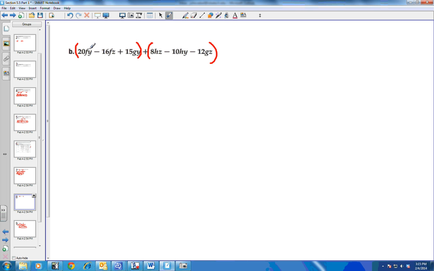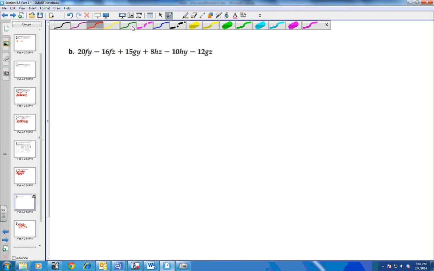I can't factor out a number, and they each don't have a variable I can factor out. Same thing with this side. I could factor out a 2, but I couldn't factor out any variables. So that pretty much tells me that when I can't factor anything out of this first set, I need to regroup them. You just kind of have to play around with it. There's no easy way to figure out what goes together.